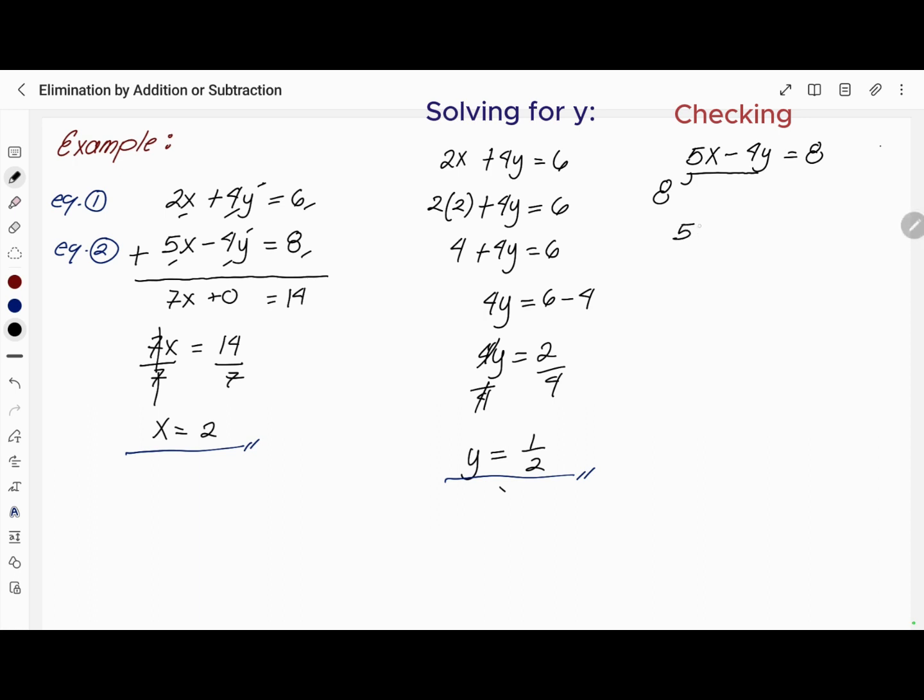So we have 5 times x, which is 2, minus 4 times y, which is 1/2, then equals 8. 5 times 2, that is 10. Then 4 times 1/2, that is 2. Then 10 minus 2 equals 8.